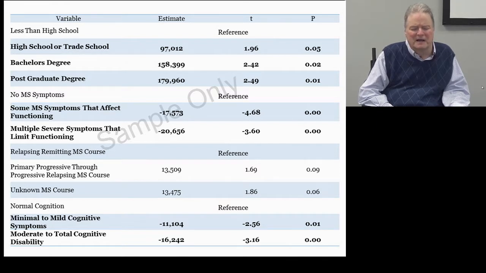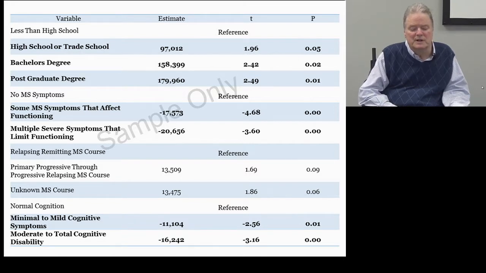And again, compared to people with no MS symptoms, you will see that people who have symptoms are going to make less if they're employed. So again, they have poorer outcomes in both ways.